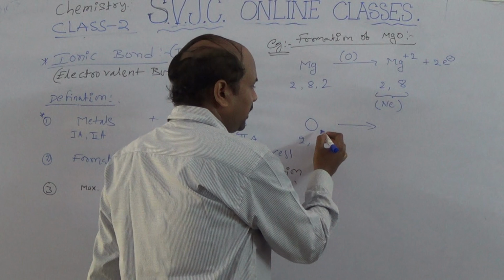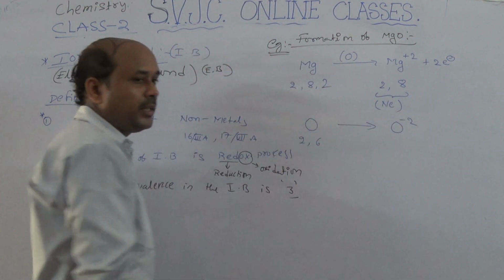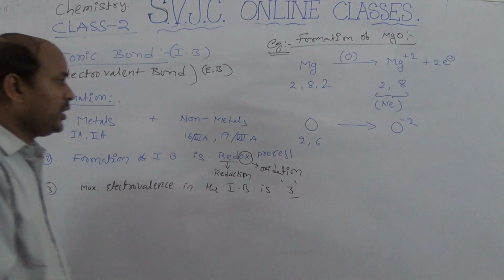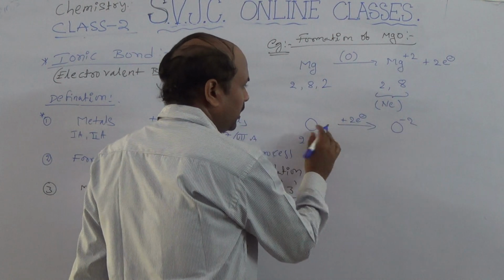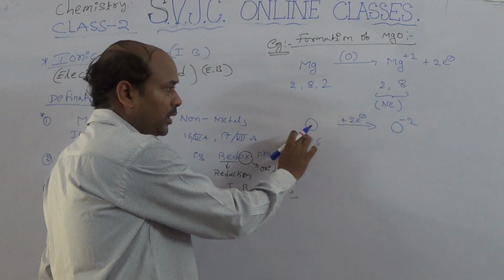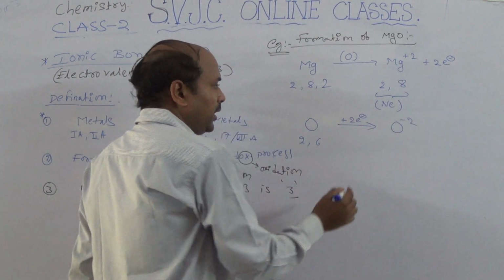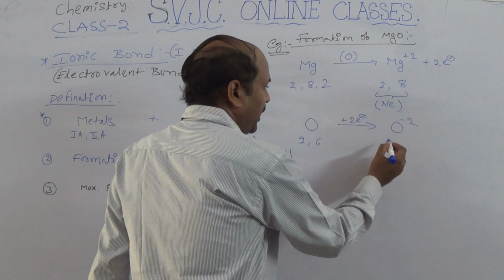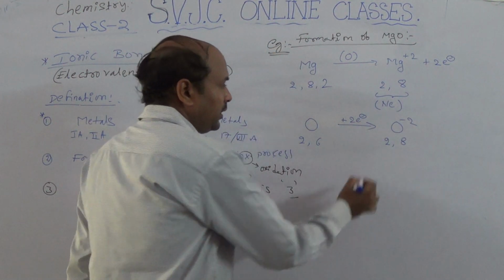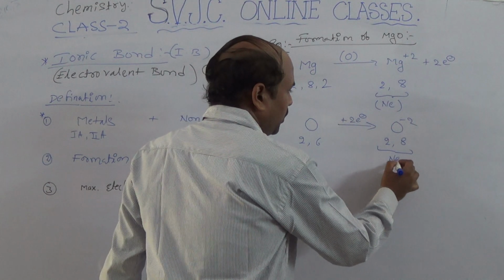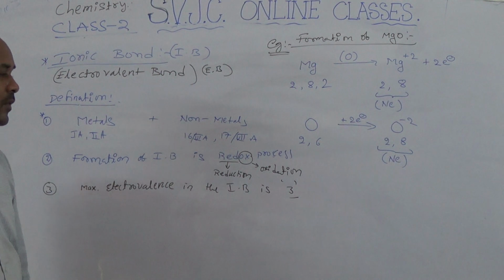Oxygen takes 2 electrons from magnesium and is converted into O-2. Its electronic configuration is 2, 8, so it also possesses the nearest noble gas configuration.